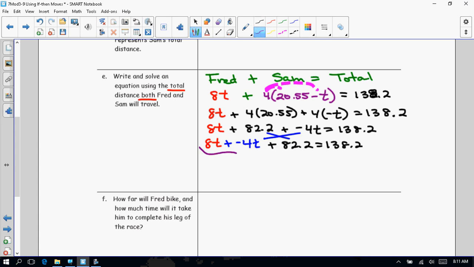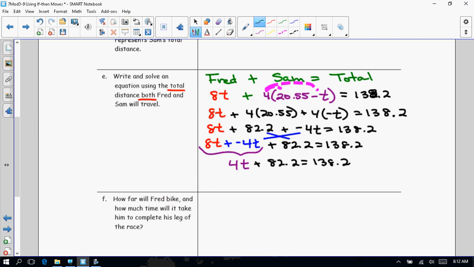Let's combine those, and I end up with 4t plus 82.2 equals 138.2. Now it's all been simplified. You remember all that stuff we did at the beginning of the book?